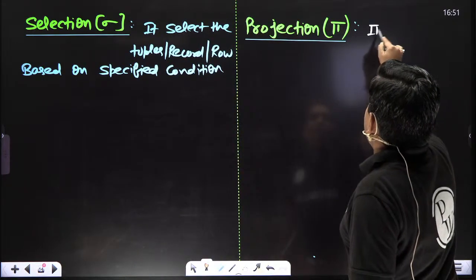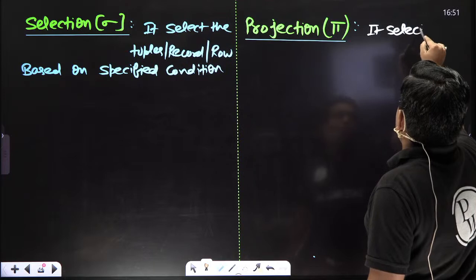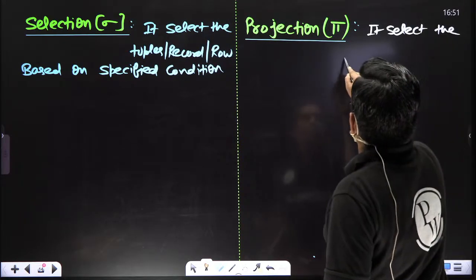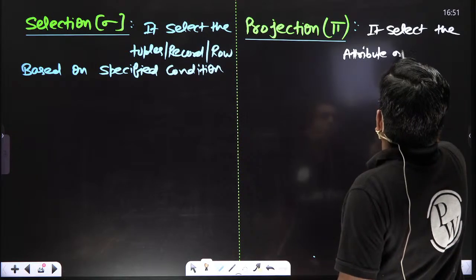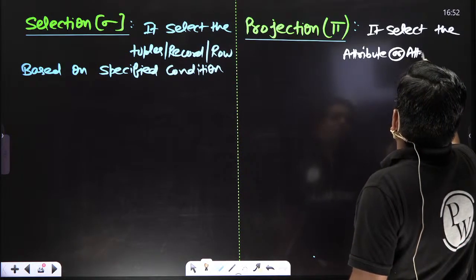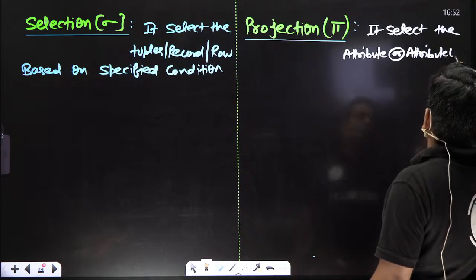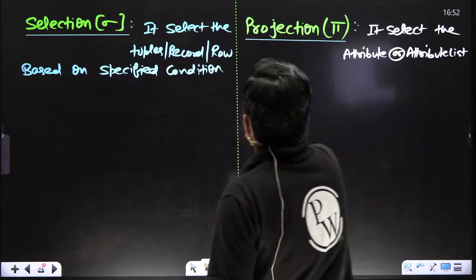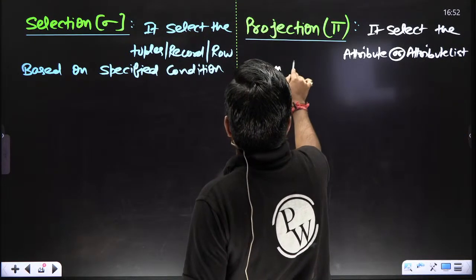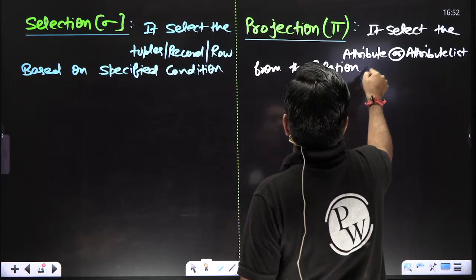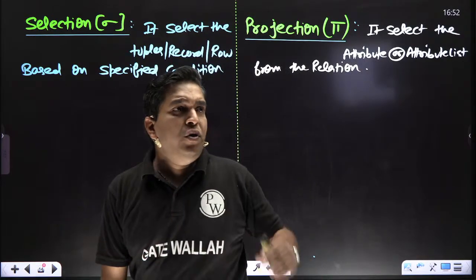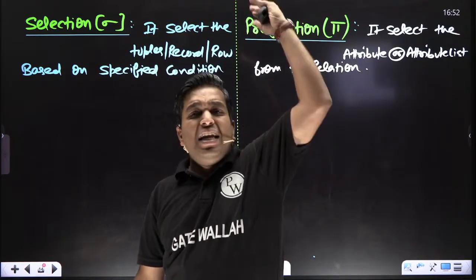Or it selects the attribute or attribute list from the relation. It projects or displays attribute or attribute list from the relation, my dear.